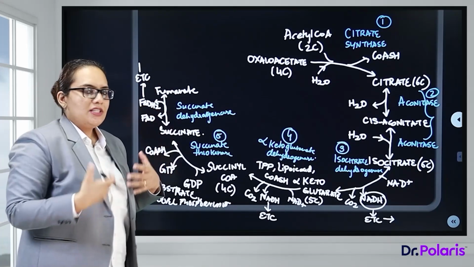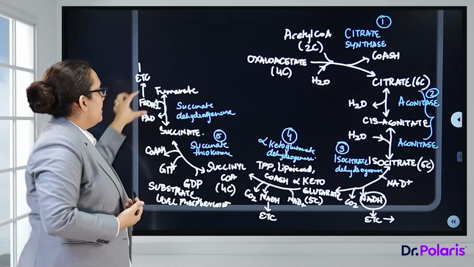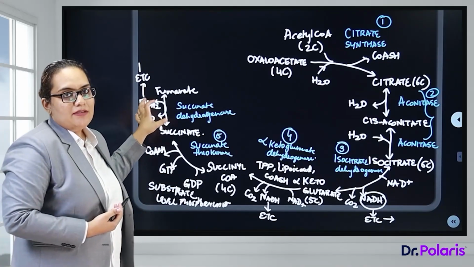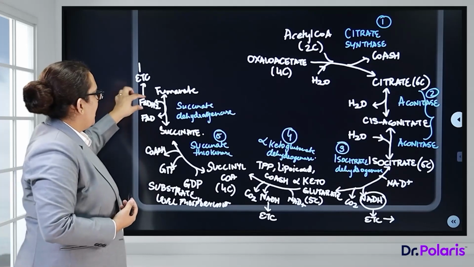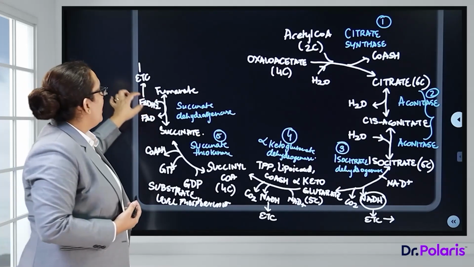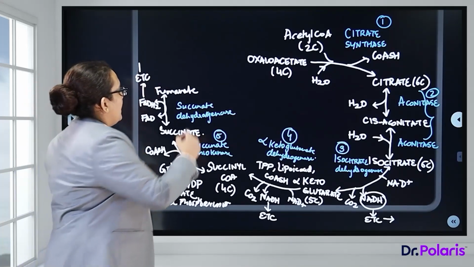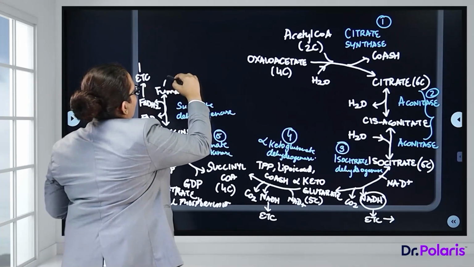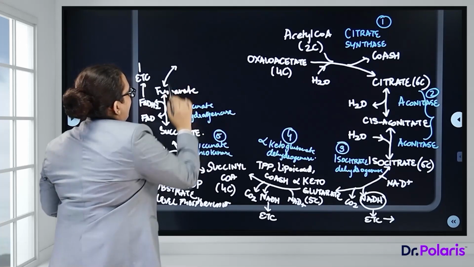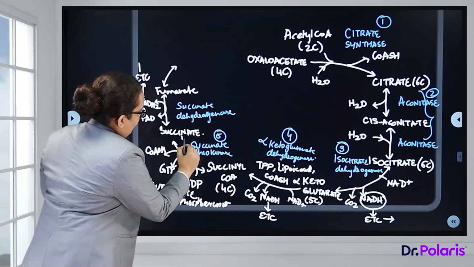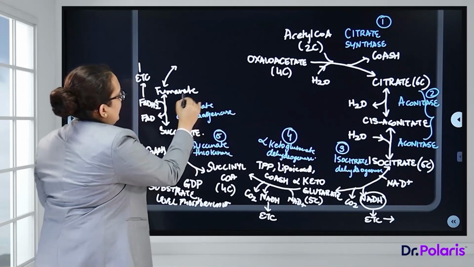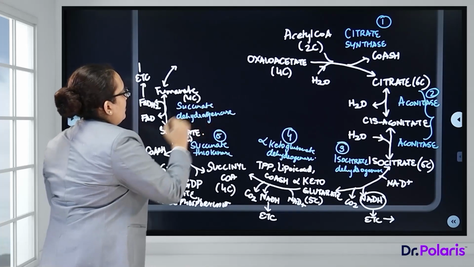So again, the energy production, I'll talk about it a little while later. This is an example of an oxidative phosphorylation where the reducing equivalent, that is FADH2, enters into the electron transport chain and produces energy. Now, next, fumarate. Let me write here. Succinate is a 4-carbon compound and fumarate again is a 4-carbon compound.